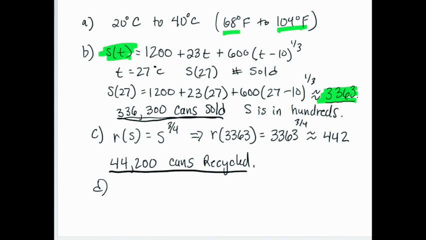So I can't directly plug in the degrees Fahrenheit there. So we're going to have to add another function at the beginning of this chain of functions to turn degrees Fahrenheit into Celsius. So let's add a new variable. I'll call it F for degrees Fahrenheit.